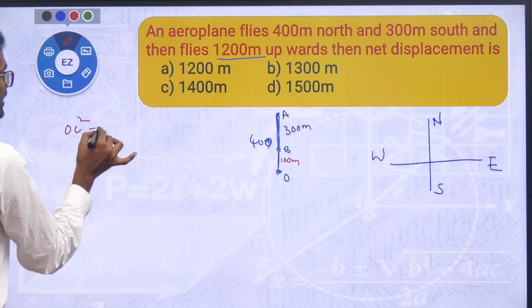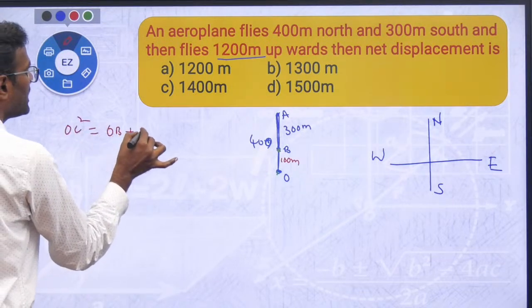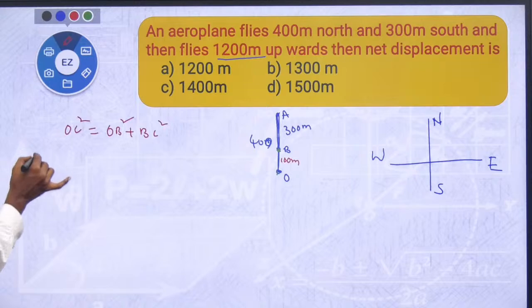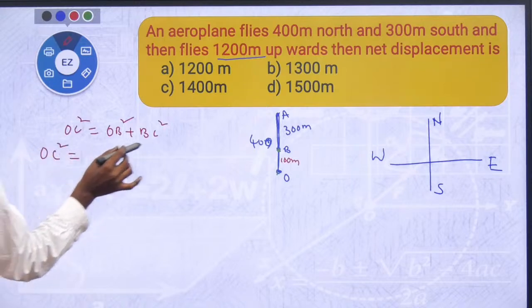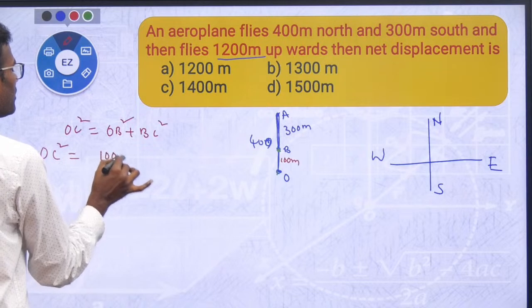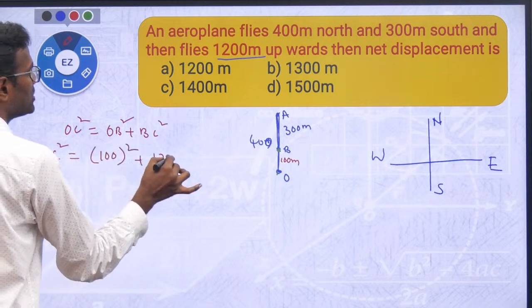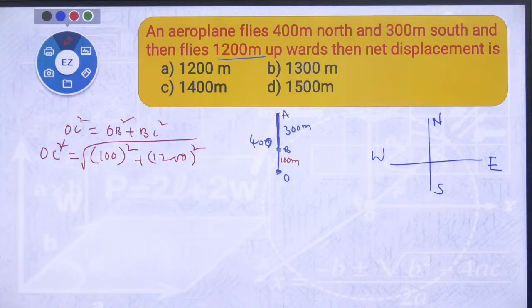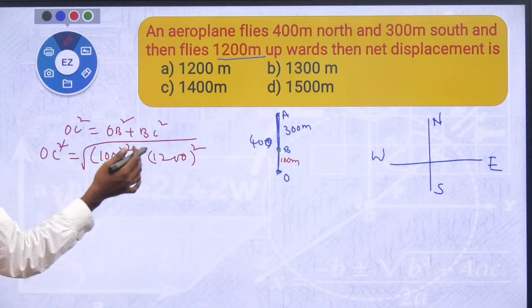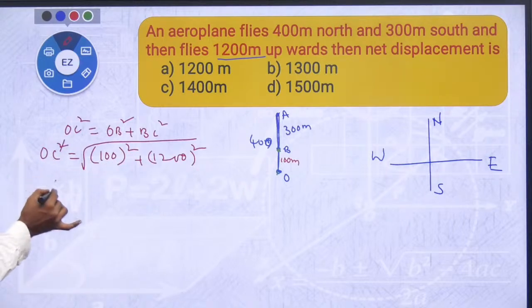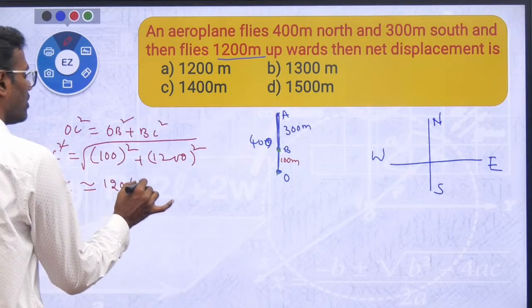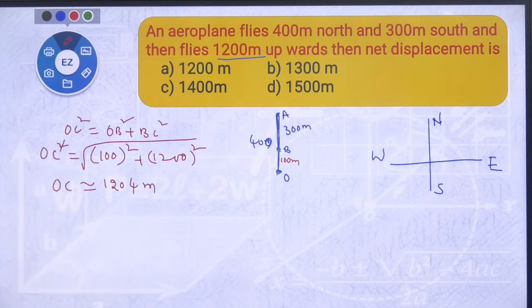OC square equals OB square plus BC square, which is 100 whole square plus 1200 whole square. If you simplify this, you will get approximately 1204 meters.